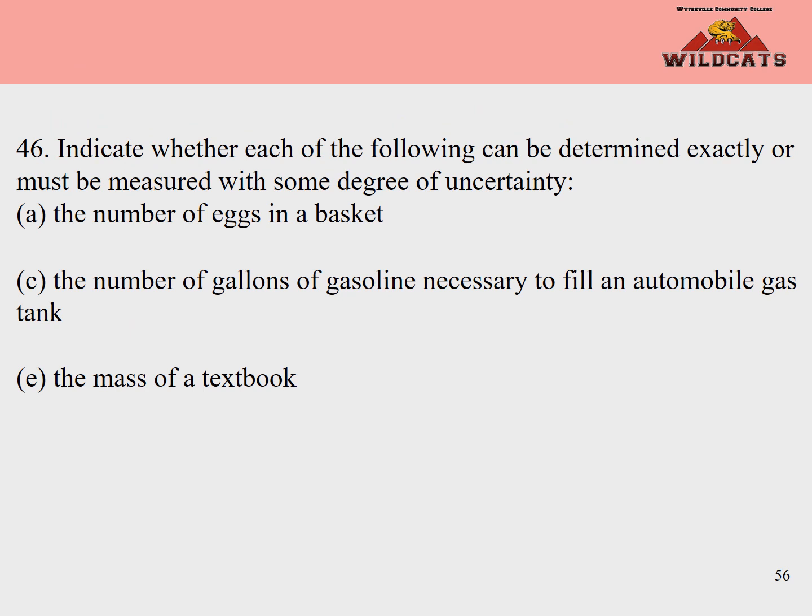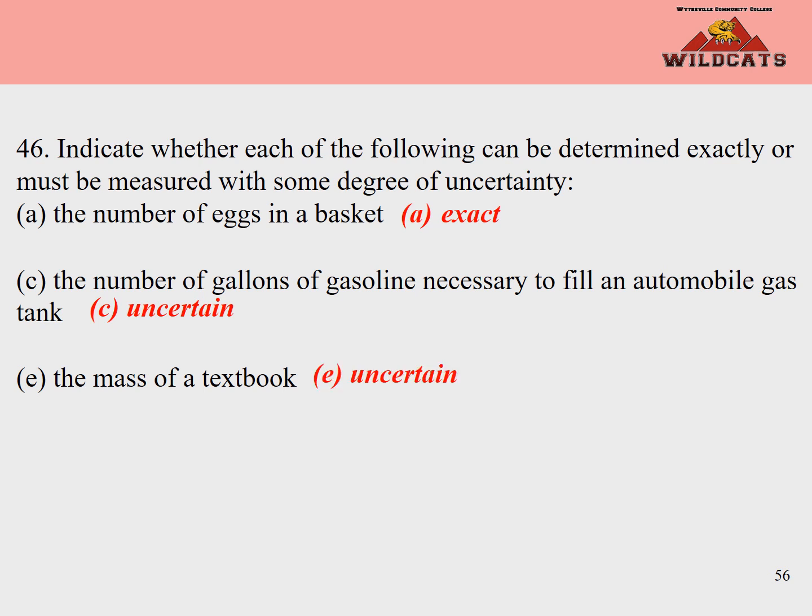As I said, indicate whether each of the following can be determined exactly or must be measured with some degree of uncertainty. The number of eggs in a basket can be counted, and counting numbers are considered exact. The number of gallons of gasoline necessary to fill an automobile gasoline tank is uncertain, because typically if you look in an owner's manual, let's say it takes 19.1 or 18.9 or 20.3, okay?